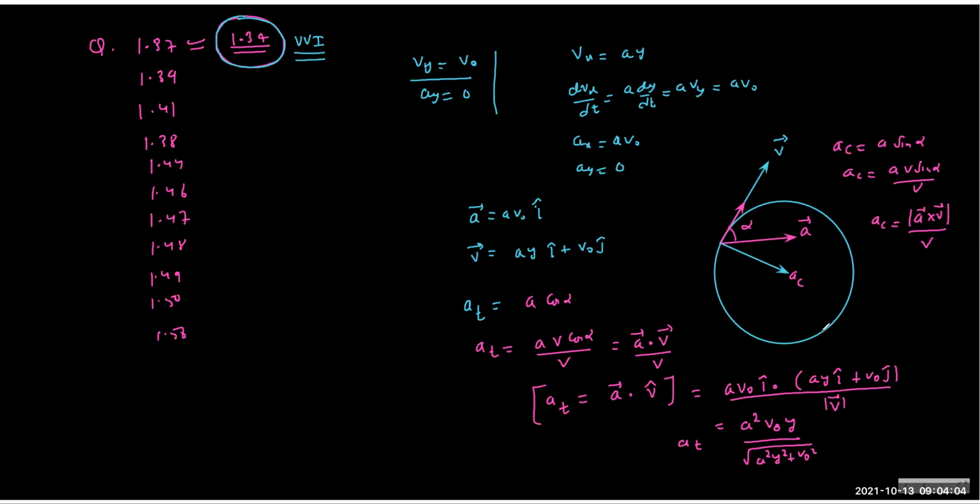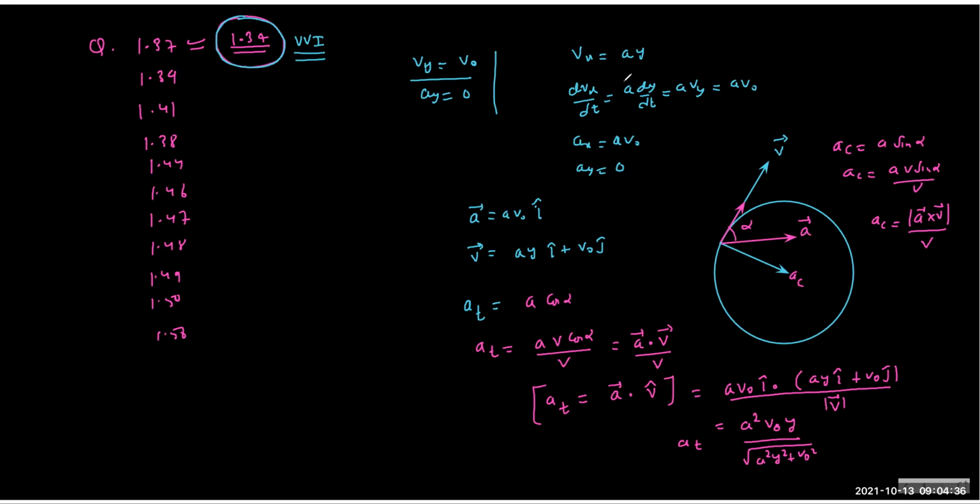Sir, but we cannot write A square V naught Y, because in the question they have given A is a constant. The small A is constant, but that's not acceleration. Come on, this A is different from this A. Just because I have taken the symbol as A, you're getting confused.